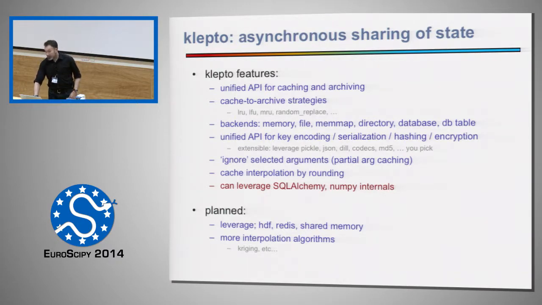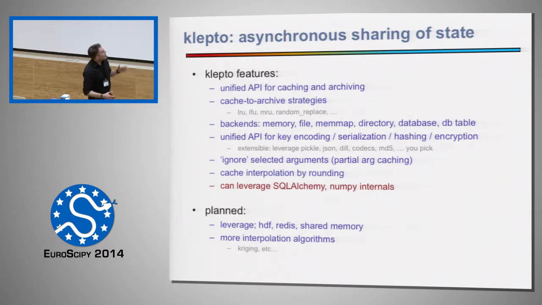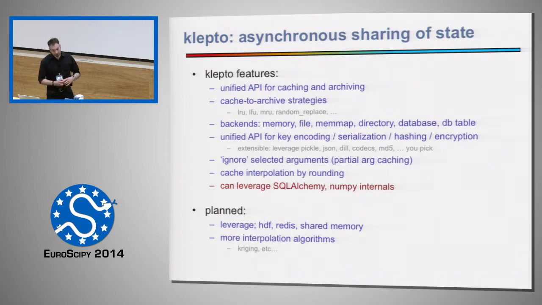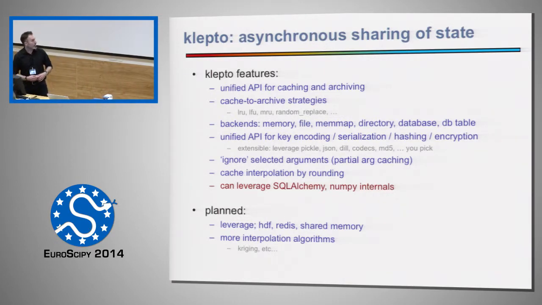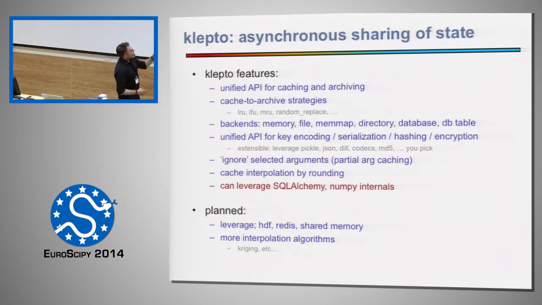So I have this other package that I use now to share state between machines. This is fairly new, designed this year, klepto. It's got the idea from talking to Gael over several years on Joblib and dill and whatnot. And it basically has a unified API for caching and archiving, and it allows different archive strategies.